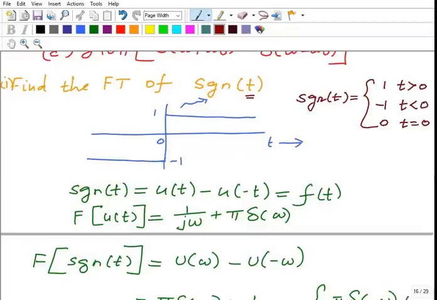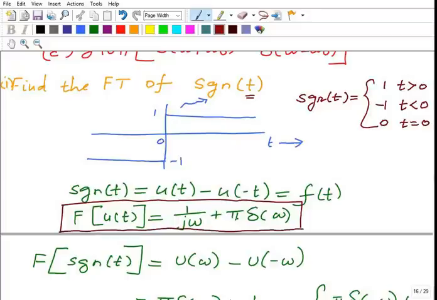Okay. So before finding the Fourier transform of this sine function, you just note down a result: Fourier transform of u of t, which I will be proving. Note down the Fourier transform of the unit step function: 1 over j omega plus pi into delta omega. Two things you have to note down. One is the Fourier transform of the unit step function.